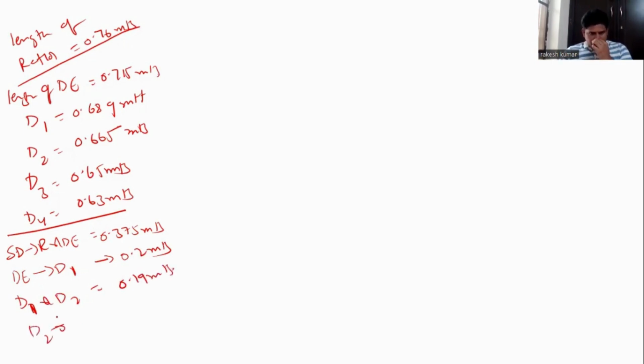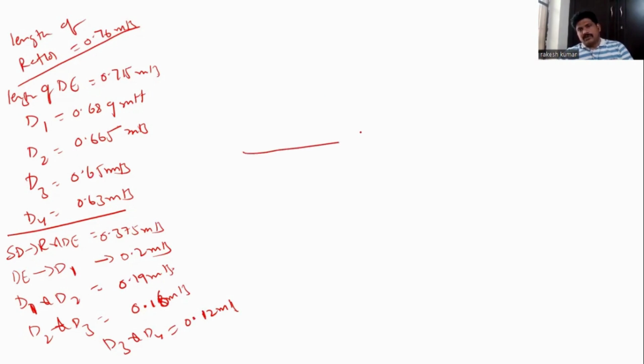Similarly, D2 and D3, it is 0.16 meters. And D3 and D4, it is 0.12 meters. Okay. So by taking all these values, we want to draw the diagram.